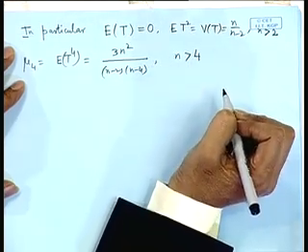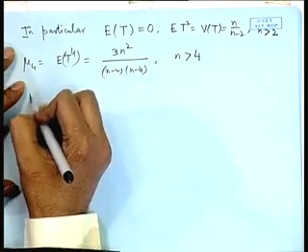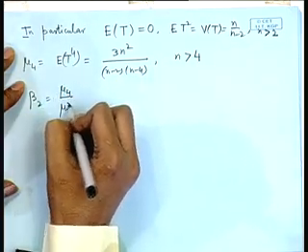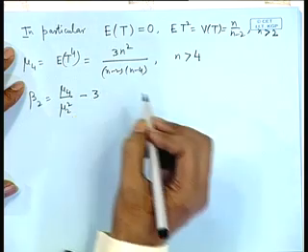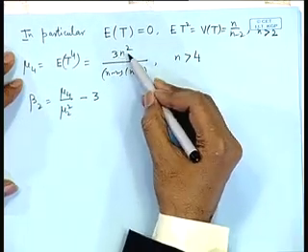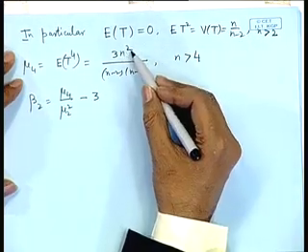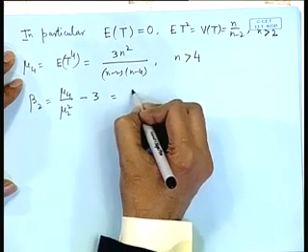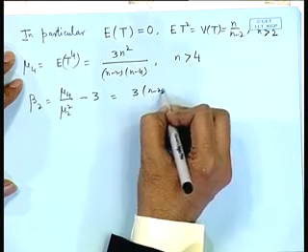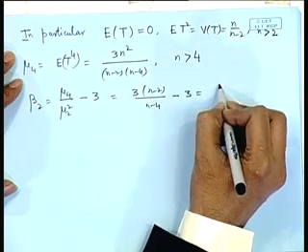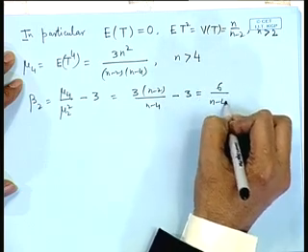So, we can calculate the measure of kurtosis, that is beta 2, that is mu 4 by mu 2 square minus 3. We divide by n square, so this cancels out and we get 3 into n minus 2 by n minus 4 minus 3, which is simply 6 by n minus 4.